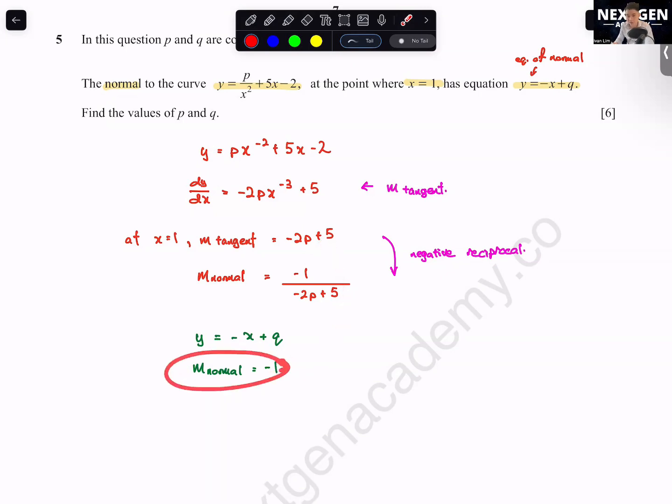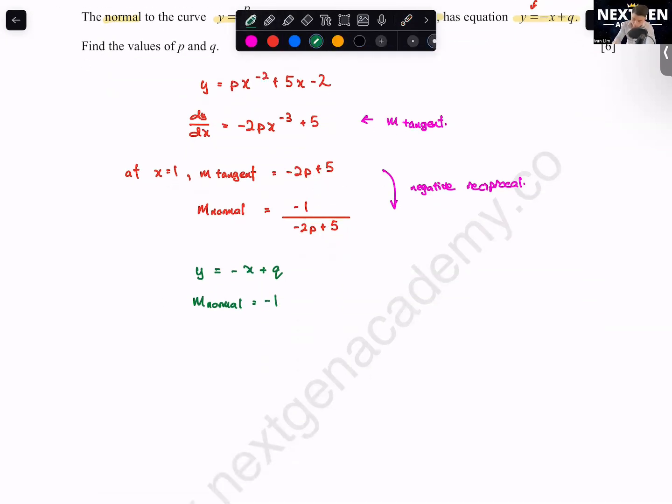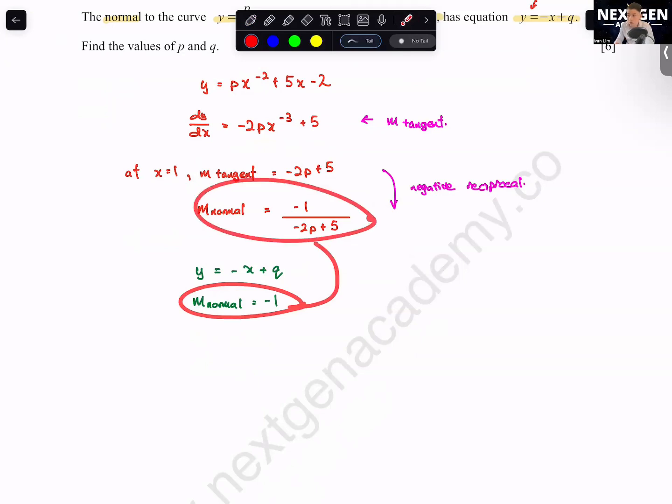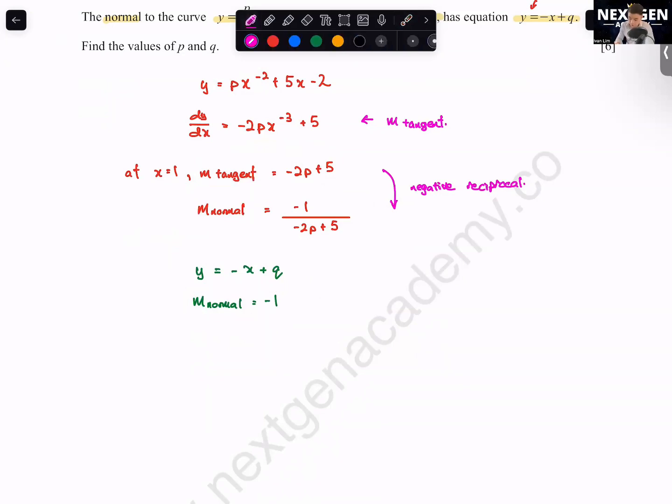So you find the gradient of tangent, which equals 1, then 1 equals negative p plus 5. Then your next step, now you equate both gradients of the normal together. Gradient of normal equals gradient of normal. Substitute in: negative 1 over (negative 2p plus 5) equals negative 1.